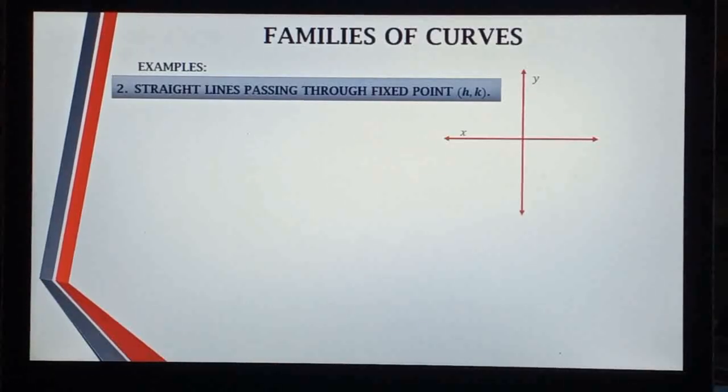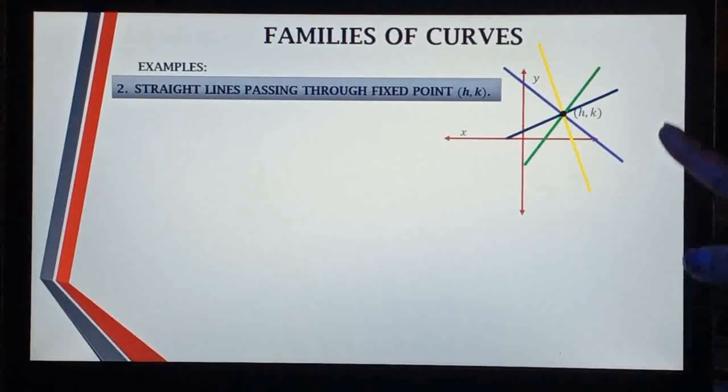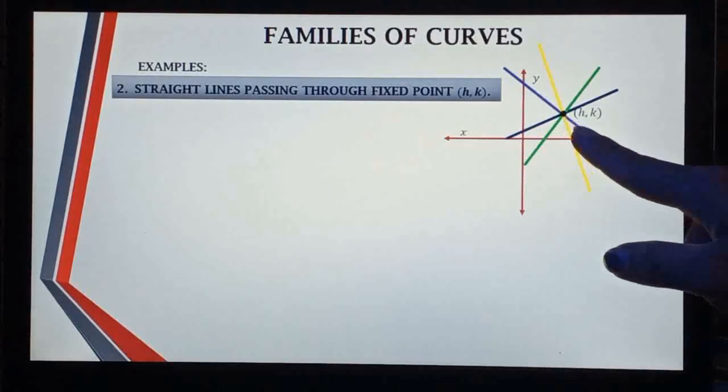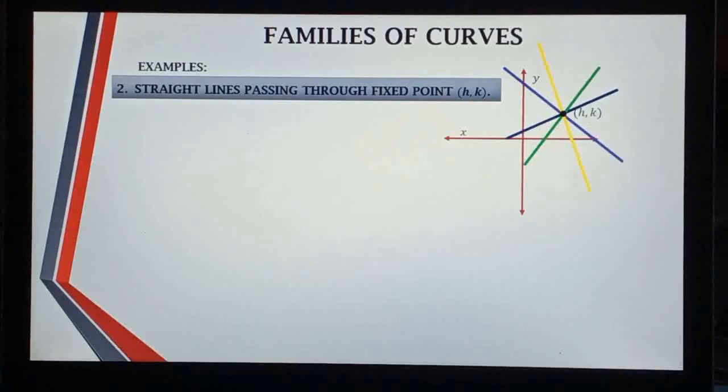Then identifying your h and k or the fixed point given. So any straight lines na dadaan dun sa fixed point, which can be the blue line again, the violet line, the green line, or the yellow line. So any of those straight lines basta dadaan dun sa point na h, k.